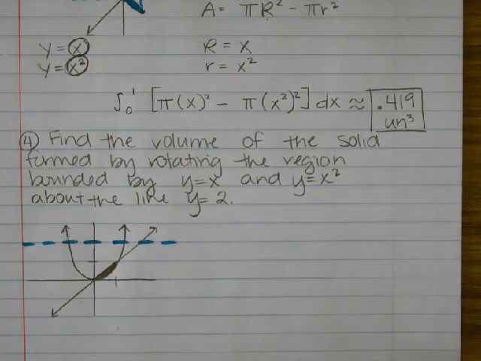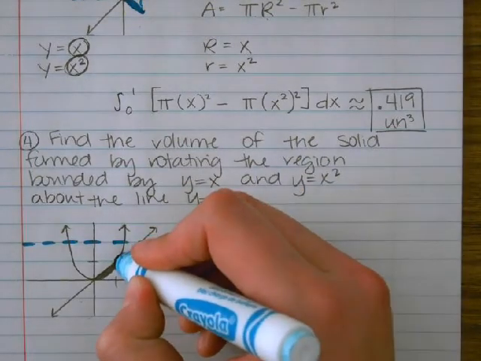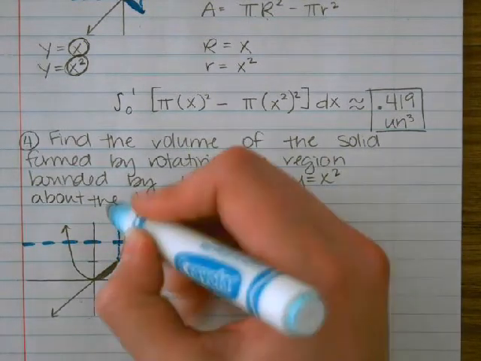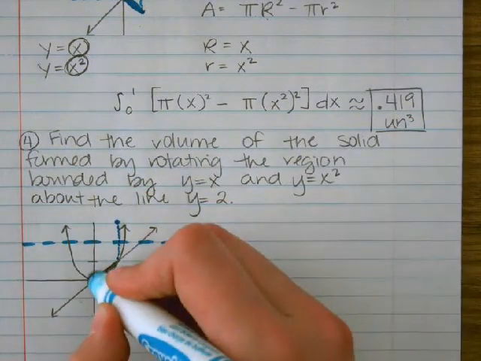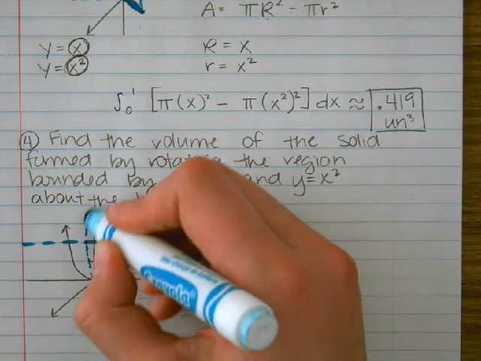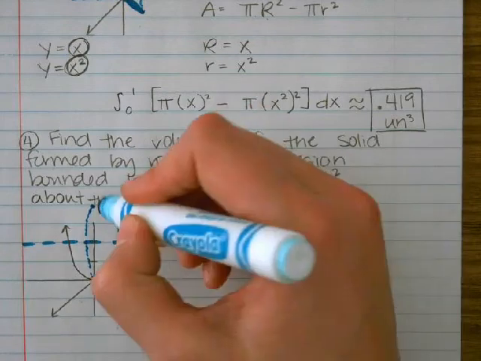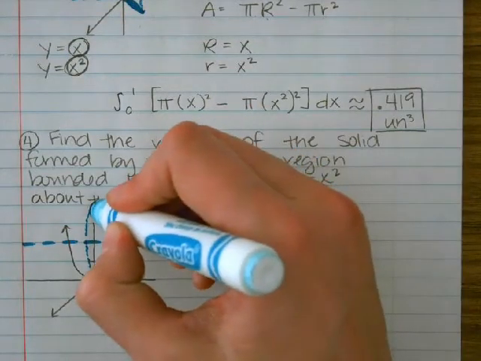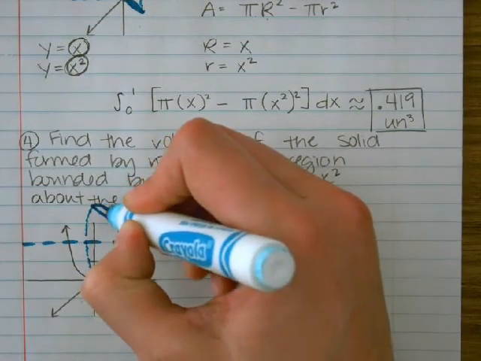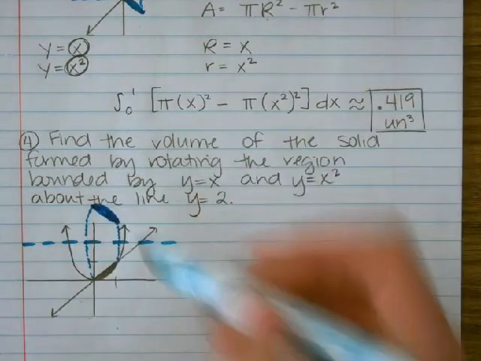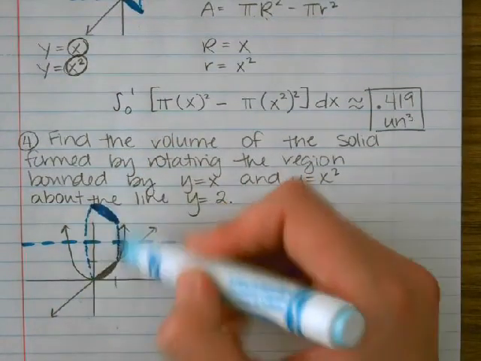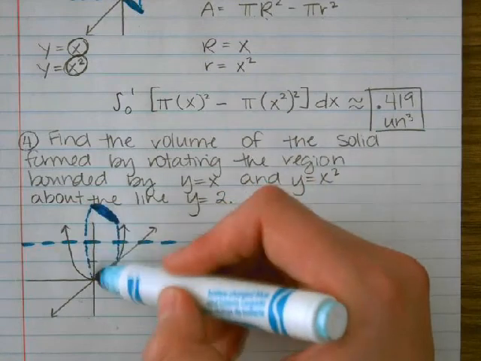So if I rotate it around the line, and that point ends up there, this one, when I rotate it around the line, it's going to end right here. And then our straight side is going to be on the inside, and that curved part is going to be there. And then if you can picture it, we're rotating the whole thing around, so even though I didn't fill this in, that's what it would be.